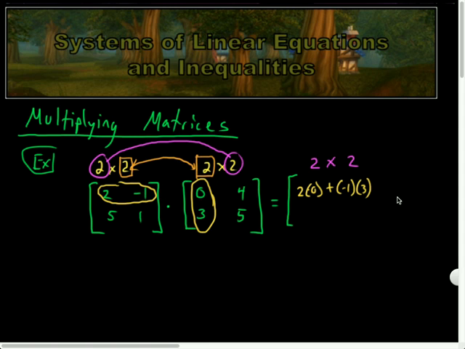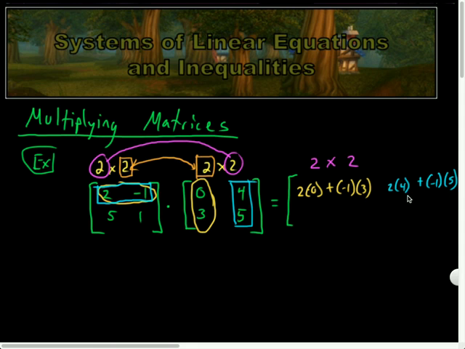to find my first row, second column element, I'm going to multiply, what do you think, the first row by the second column. So I'm going to have 2 times 4 plus -1 times 5.